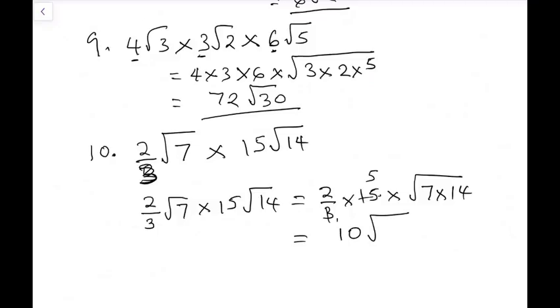And then if we multiply 14 by 7, that should give us 98. 7 times 4 is 28, carry 2, 7 plus 2 is 9. So we have 98, and the value here is 10 root 98.